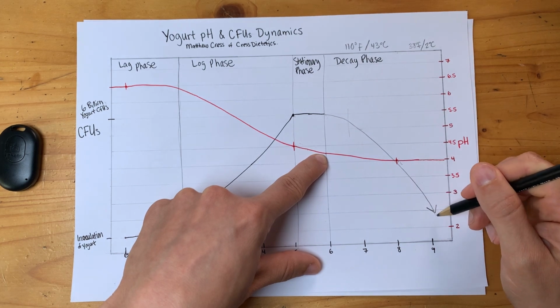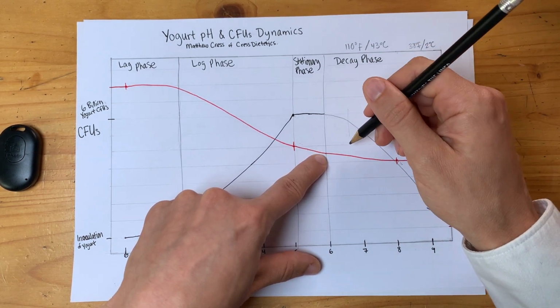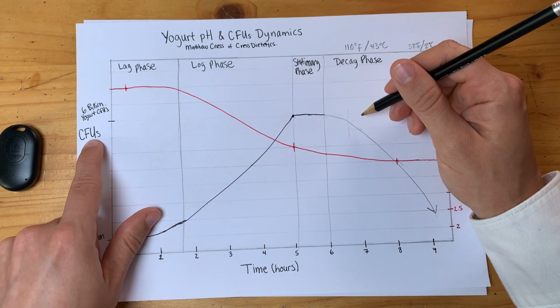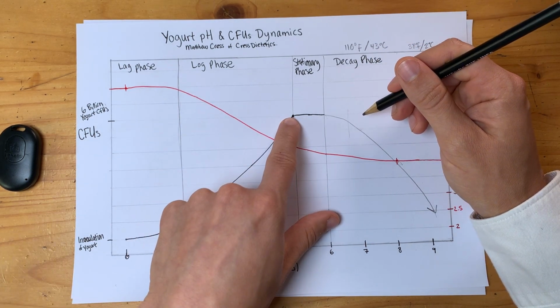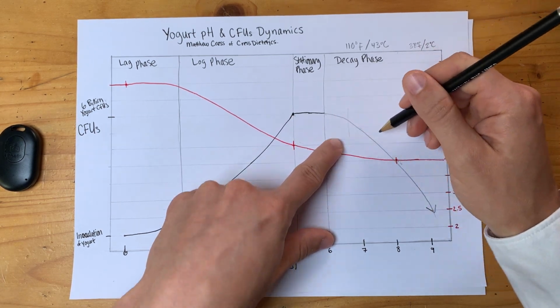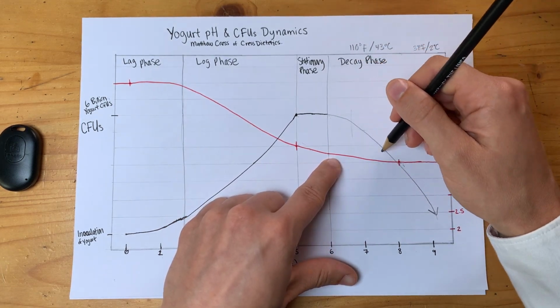You're not going to be all the way down here because your pH isn't going to drop that far. But if you're wanting to eat your yogurt for your therapeutic CFU count, you'd want to maybe pull it here rather than over here where your pH is. If you pull it too late, you might not be getting the amount of CFUs that you're wanting.